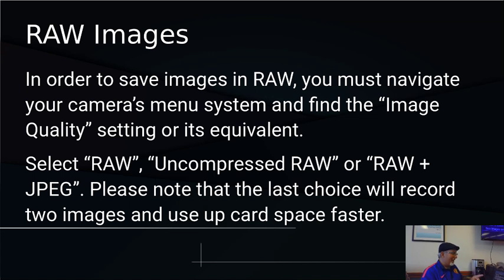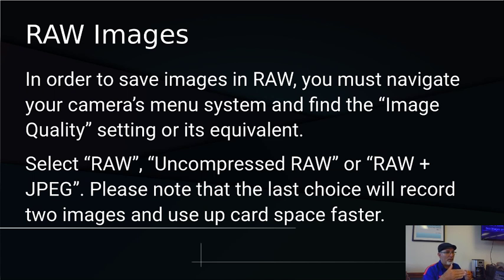In order to save images in RAW, you have to navigate your camera's menu and find the image quality setting and change it to RAW, uncompressed RAW, or RAW plus JPEG. Uncompressed RAW is more for the Sony folks. Sony recently added this because people found out that they were actually taking 14-bit color RAWs and compressing them down to 12 to save space.